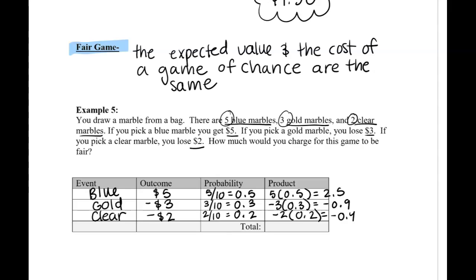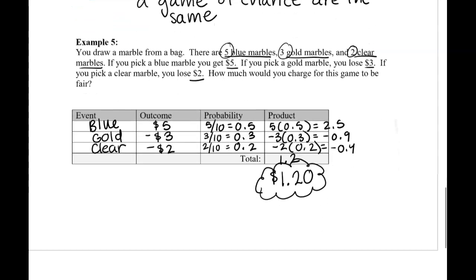If you add these together, 2.5 plus negative 0.9 plus negative 0.4, you get 1.2, which means an expected value of $1.20.